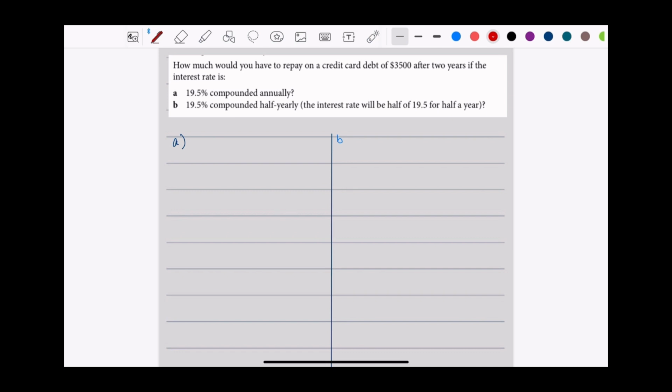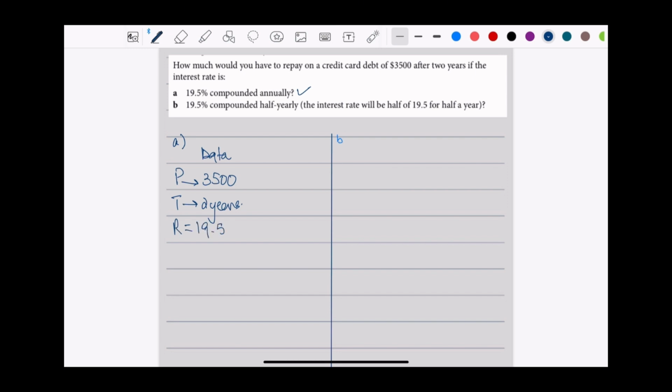Alright, so let's see some of the questions here. How much would you have to repay on a credit debt of £3,500? So this is your principal amount. First make the data of it. The debt, which is your principal amount, is 3,500, after 2 years, so time is 2 years. The interest is compounded annually, so the rate is 19.5 per year.